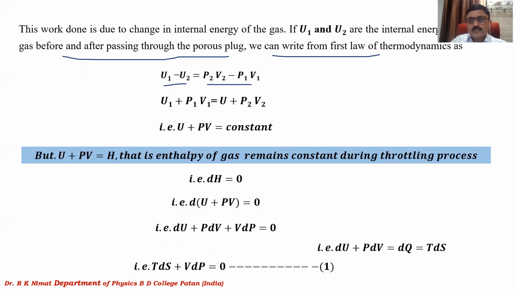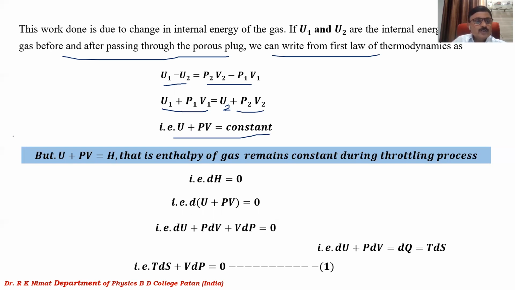So you can write U1 minus U2 is equal to P2 V2 minus P1 V1. After rearranging terms, U1 plus P1 V1 is equal to U2 plus P2 V2. We can write this as U plus PV is equal to constant, meaning that quantity will remain constant.